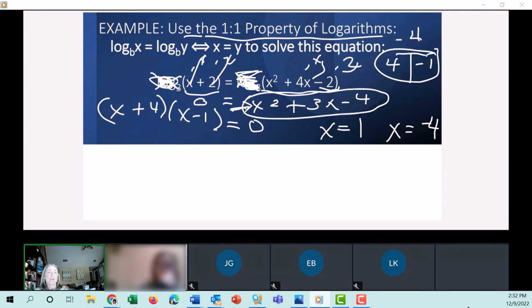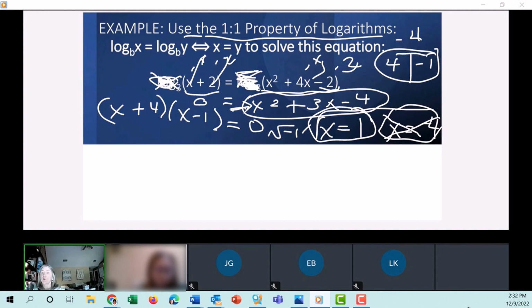Just listen to me. We know that when we take a square root of a negative number, we have to toss those out. So anytime you get, for logarithms, a negative answer, it's extraneous. Toss it out. So the only solution we have here is x equals 1.